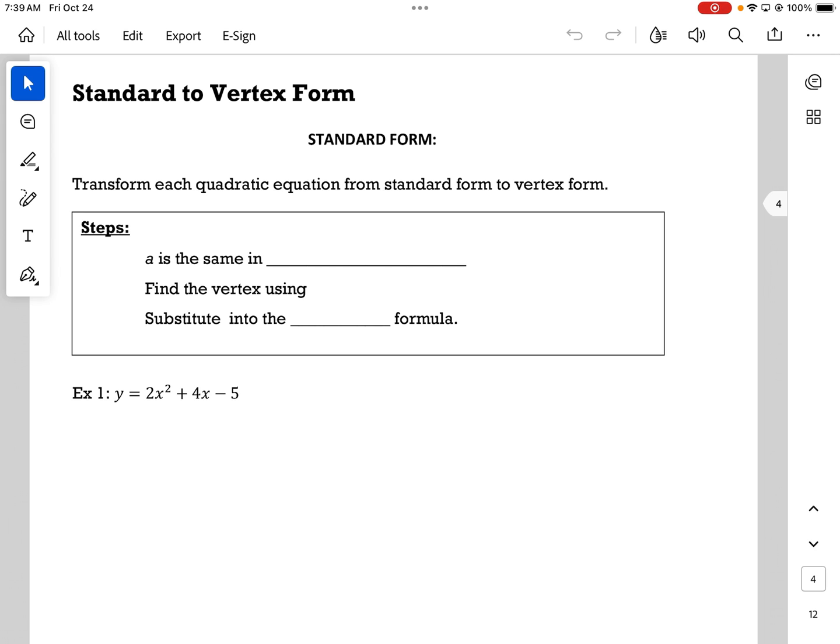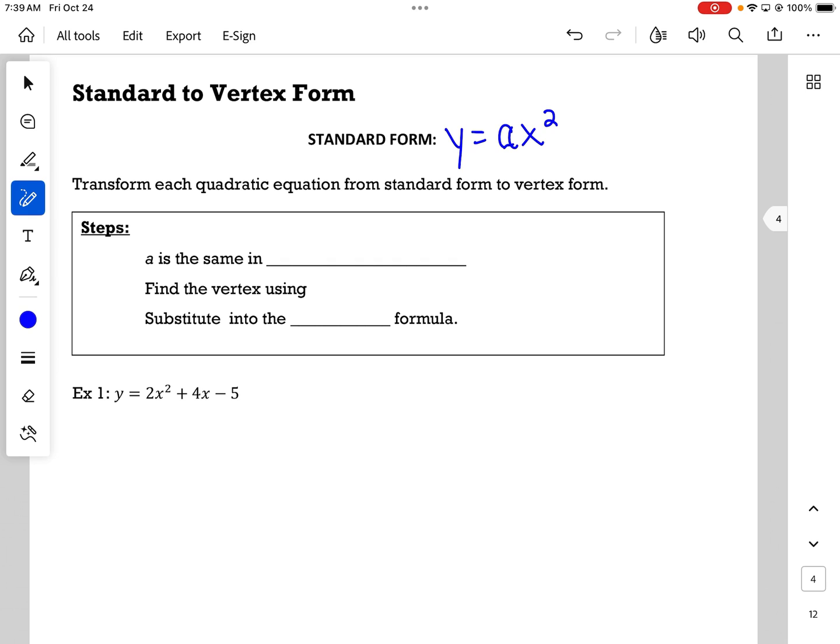We are going to go from standard to vertex form with the quadratic. Standard form is y equals ax squared plus bx plus c.